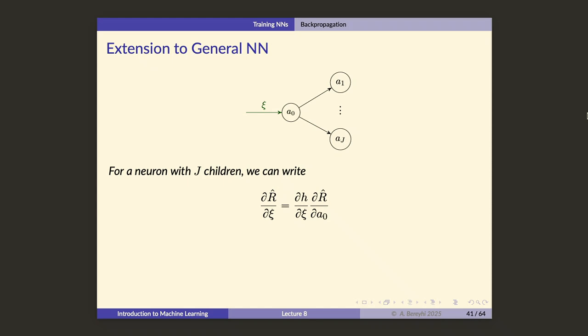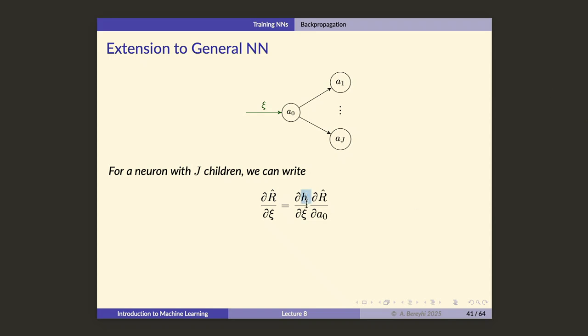So if a0 is connected to J different children, now if I want to compute the gradient with respect to any weight of that particular a0, then I can write it down as the derivative of the loss with respect to that weight. Okay, again, another typo here, so it should be a0, I'm sorry. So this H here should be a0, this guy.